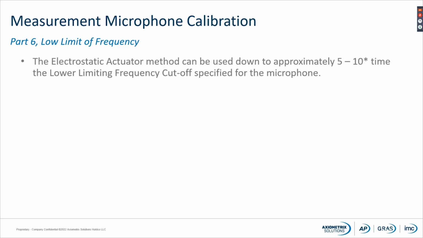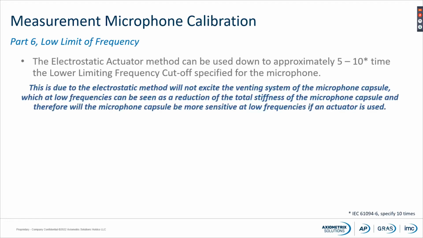If we look at the low limit of frequency, the actuator method cannot be used down to approximately 5 to 10 times the lower frequency cutoff of the microphone. I have to mention that the standard specifies 10 times. For some microphones, you can actually use it out to 5 times.